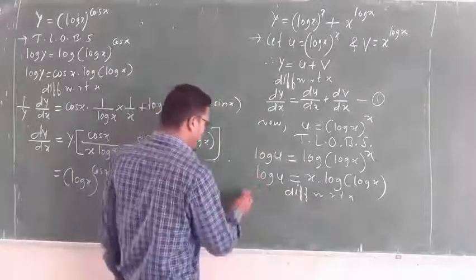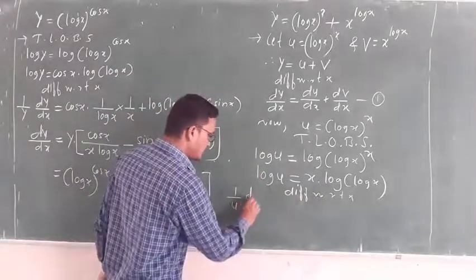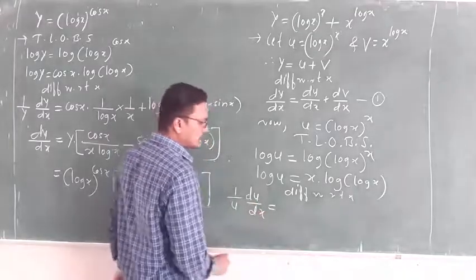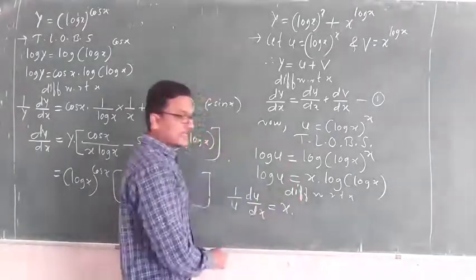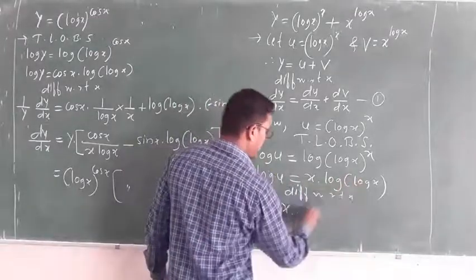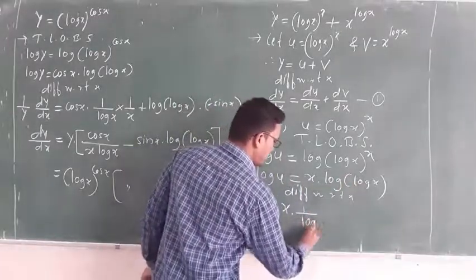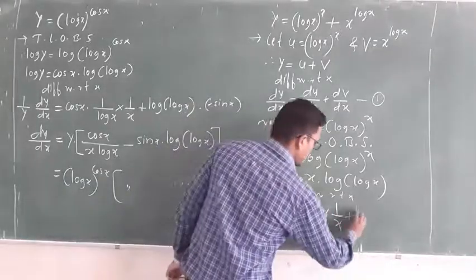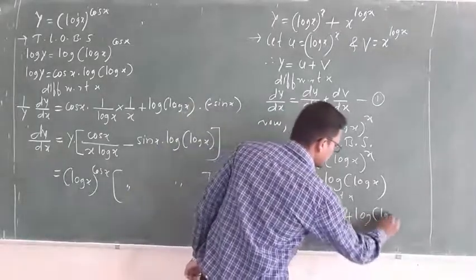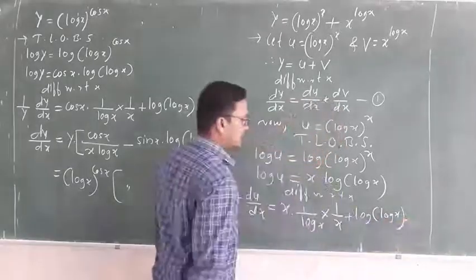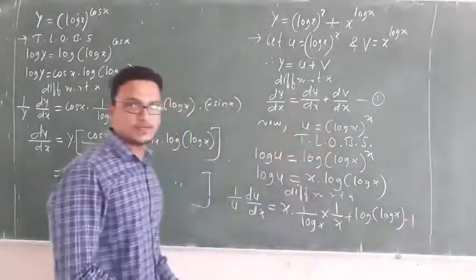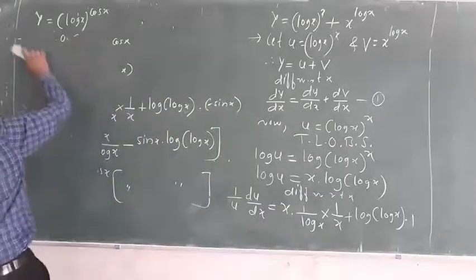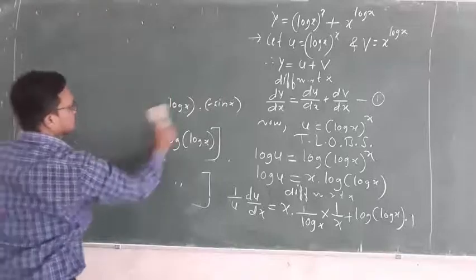So the derivative of log u is 1 by u du by dx, which is equal to, by the product rule, x as it is, derivative of log x is 1 upon log x into 1 by x, plus log of log x as it is into the derivative of x, which is 1. We'll simplify that.